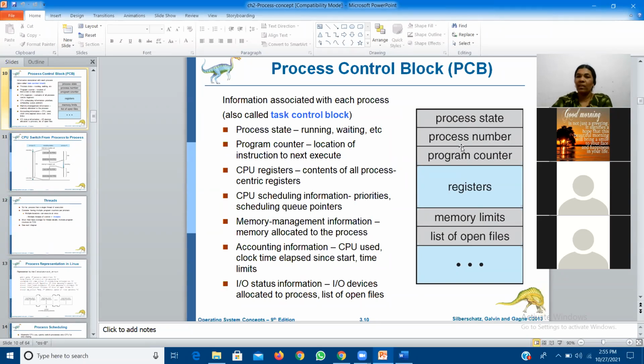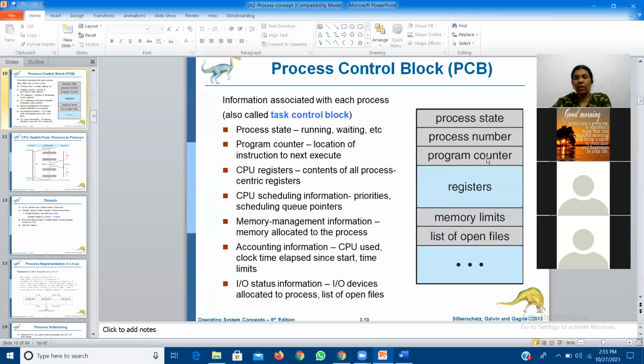So it is the unique primary key used to access you or your record. In the same fashion, in the operating system, to access the process, the operating system assigns a unique number to each and every process, and that number is called the process number. In technical words, it is called the PID, process identification number.